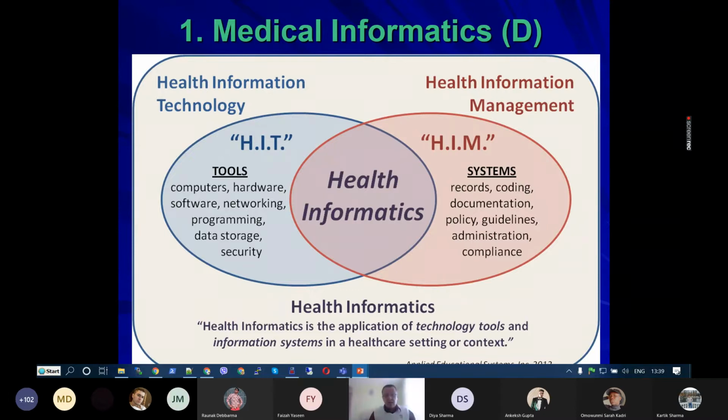Under technology tools, we could see any computer hardware, software solution, and under health information management systems, we understand things like methodologies for records, coding, documentation, policies, guidelines, administration, compliance, and all other related organizational things which are absolutely necessary to be operated and implemented along with a computer system in order to bring health informatics and the health medical information system to work.